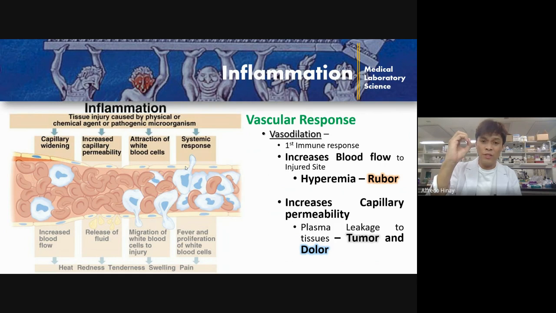What is the main purpose of vasodilation? It will allow the immune cells to go inside easily. Kasi pag masyadong maliit yung butas, they cannot easily go inside, and therefore the vascular response will allow the immune cells to go and also increase the blood flow to the injured site.